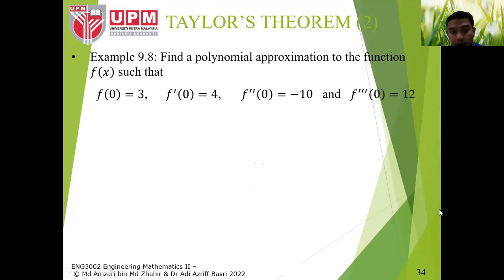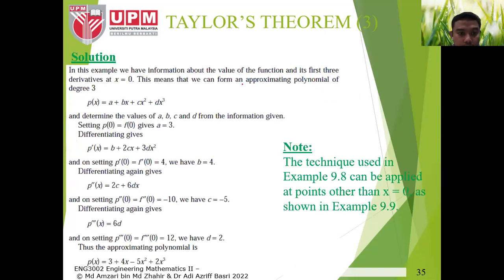Okay, let's go for the example. Find a polynomial approximation of the function f(x) such that f(0) equals 3, f prime 0 equals 4, f double prime 0 equals negative 10, and f triple prime 0 is equal to 12. So by using Taylor's theorems, you need to find the main function.